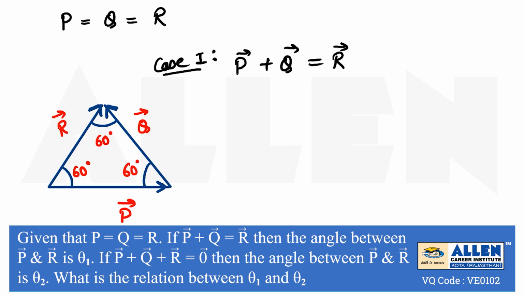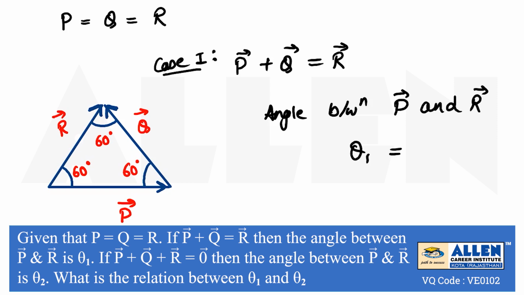Now we will check what we have to find. Here it is asking for the angle between P vector and R vector, which is theta 1, and according to our figure we can find the value of theta 1.